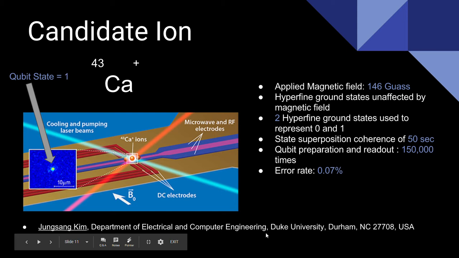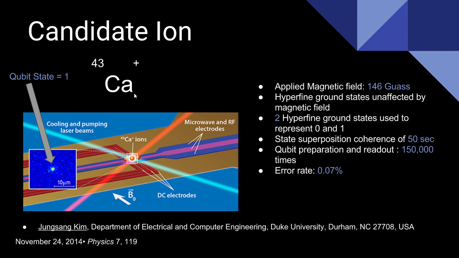And in this study from Duke University, they used a particular ion. They used the calcium 43 ion, and they used it to develop an ion trap. The reason they use the calcium ion is because when they applied a magnetic field of 146 Gauss, this magnetic field generated hyperfine ground states.